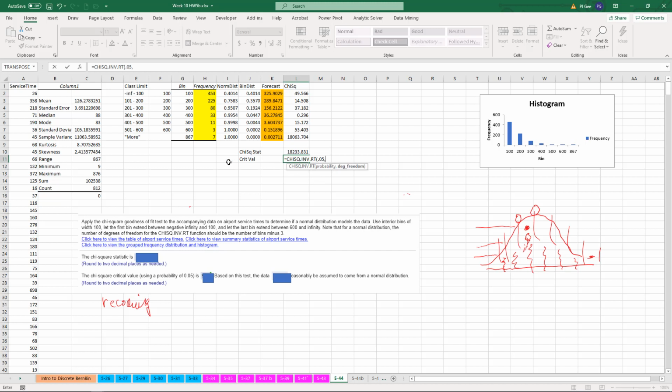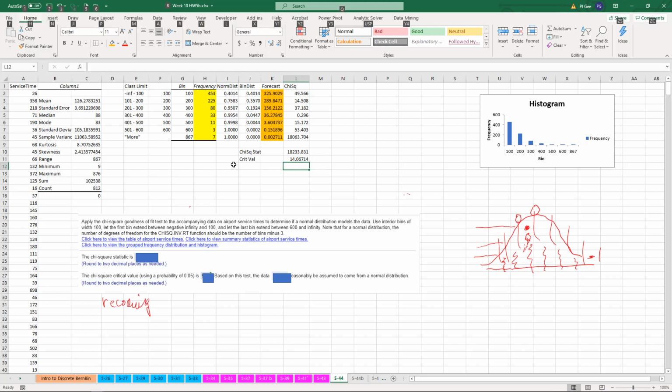So how many bins do we have here? We have 1, 2, 3, 4, 5, 6, 7. So I'm going to put 7 in there, and we come up with 14.06714. So our critical value is 14.06.